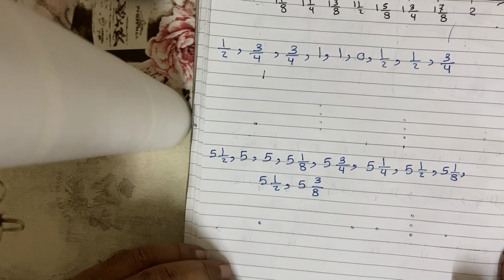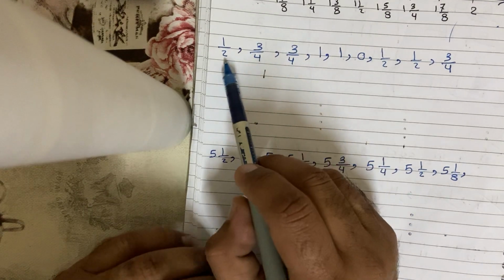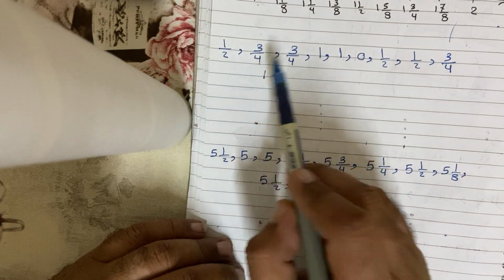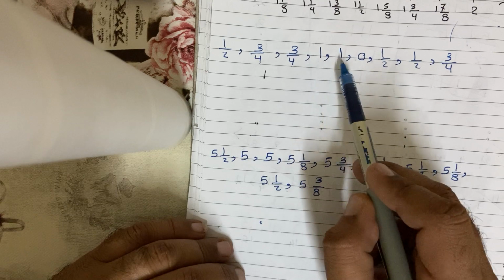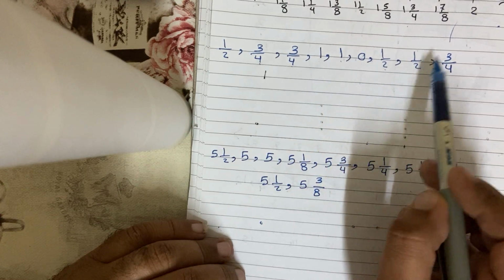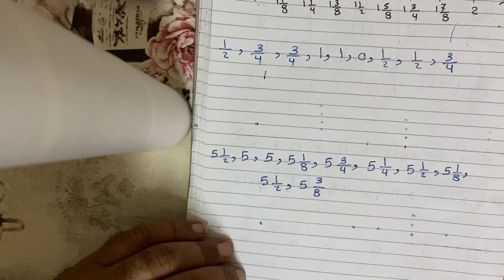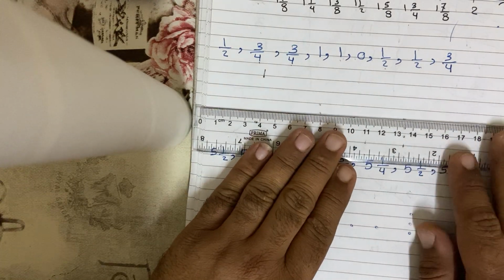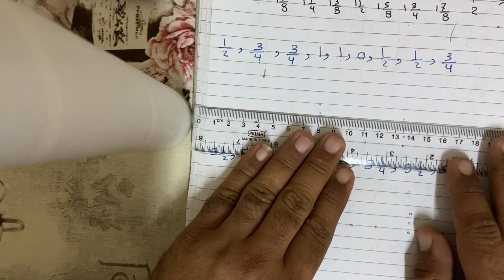Another exercise. We have half, 3/4, 3/4 again, 1, 1, 0, half, half, 3/4. Let's draw the line plot like that and choose the scale.